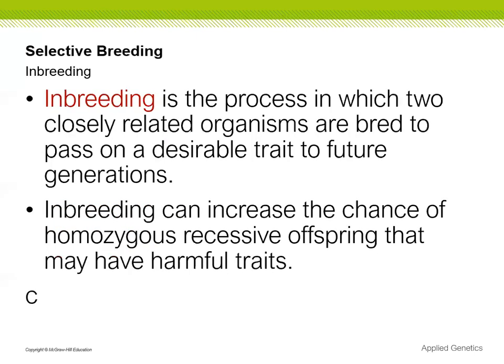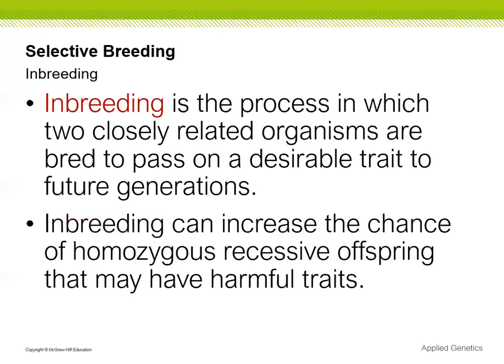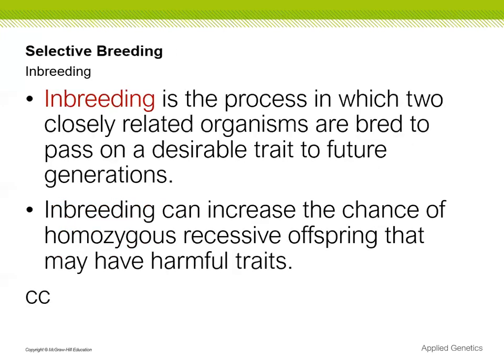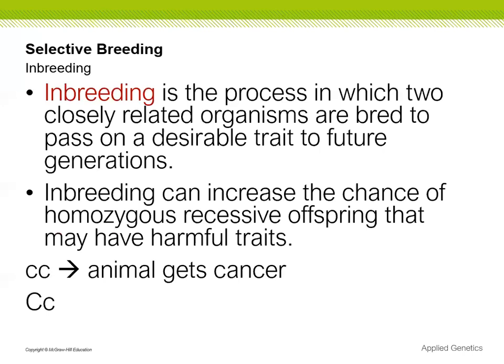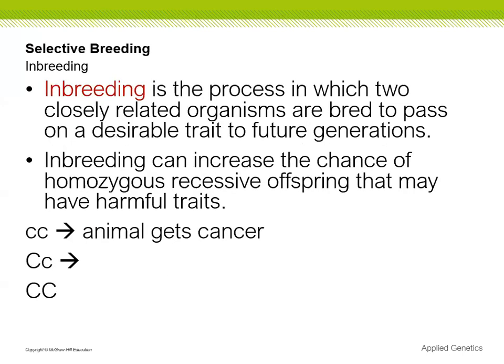Let's say if C is cancer, if I have an animal with this genome, this is homozygous recessive here, right? Now, this animal gets cancer. But if it was heterozygous, or if it was homozygous dominant, it might be that this gets no cancer, or, substitute cancer for whatever it is.